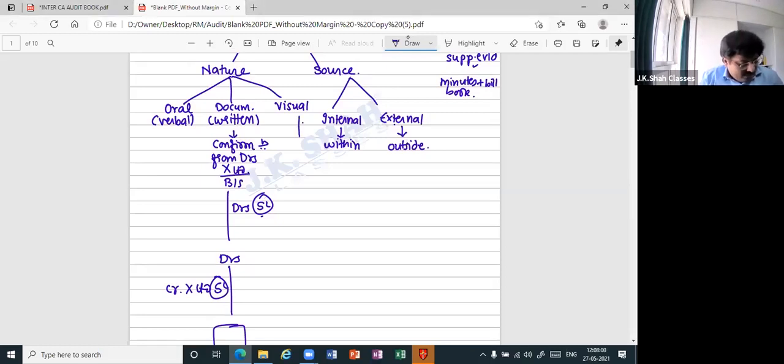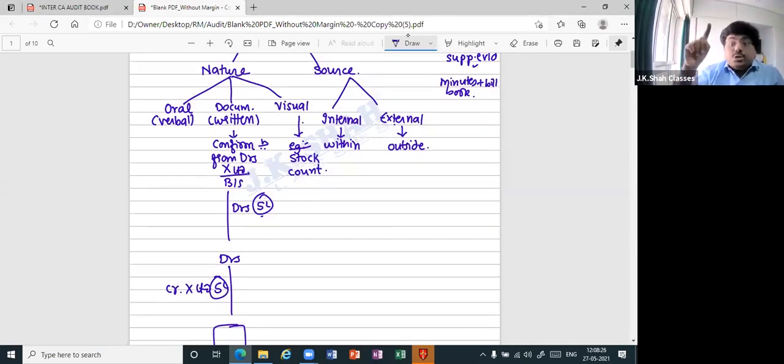Can you give me an example of visual? Visual is to see, no? You already know. Example of visual. Stock. Stock is perfect. Correct. For a simple example, say ultimately you check the stock count. Who will basically do the physical verification of the stock? Management.